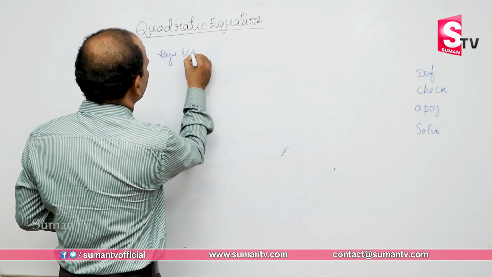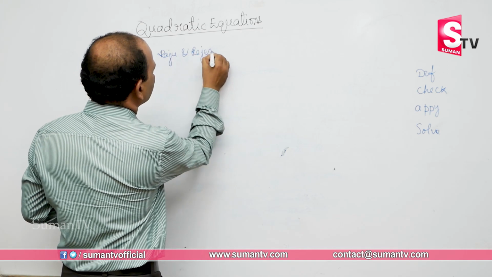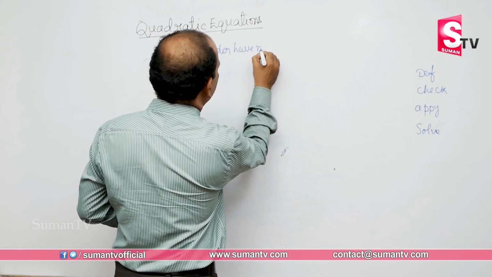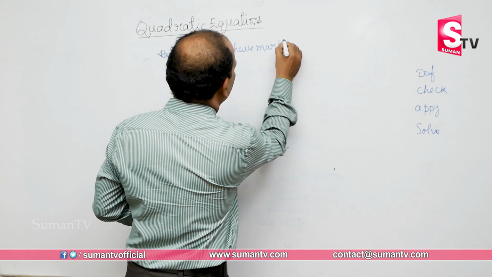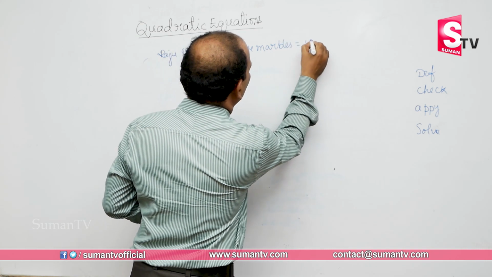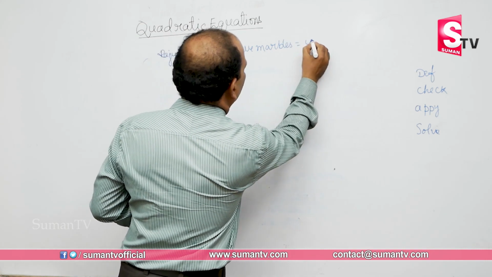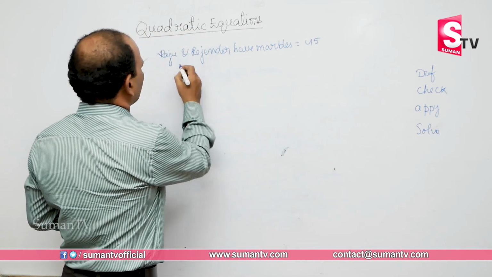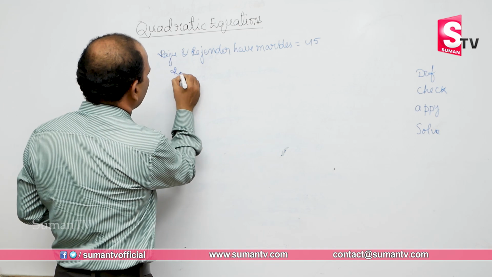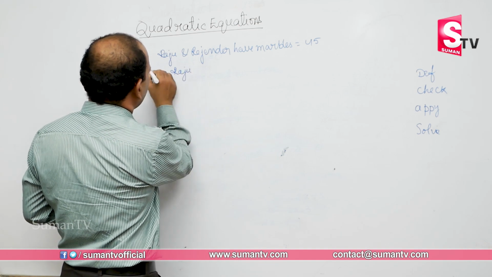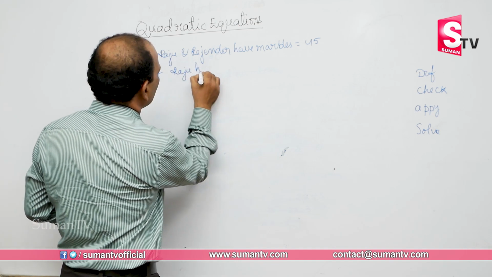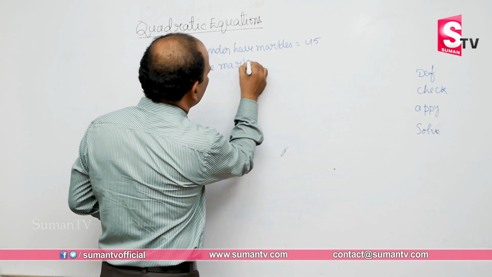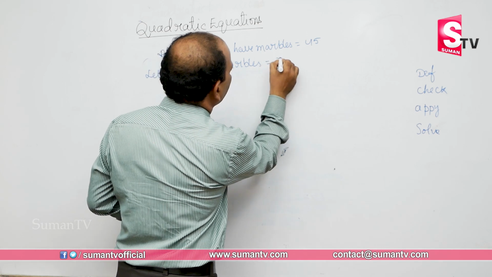Raju and Rajendra together have 45 marbles. Okay, now let us check. Let Raju have marbles equal to x.